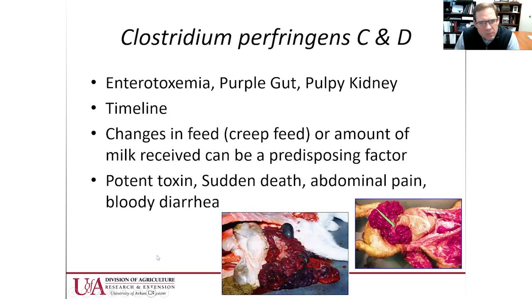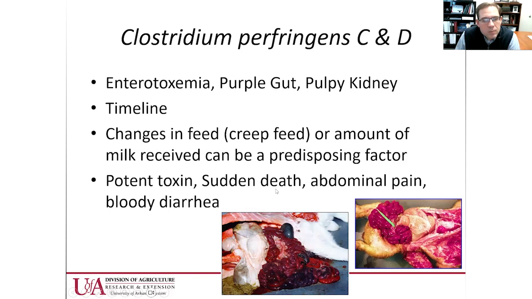The issue with perfringens is, normally the lambs or the kids are looking fine today, and we go back to check them tomorrow and we have a dead one. So it happens very fast, and not a lot of onset with clinical signs that we might note and be able to treat. Most of the time, sudden death's the first sign of disease that we might see.